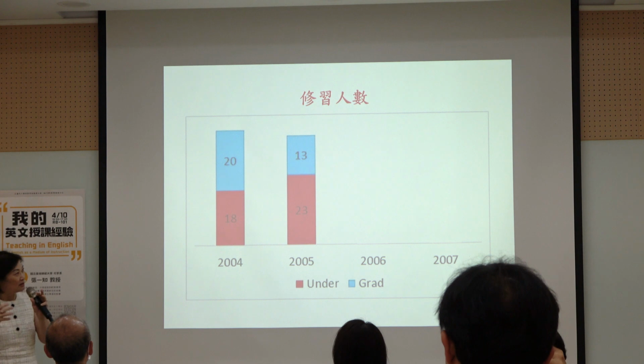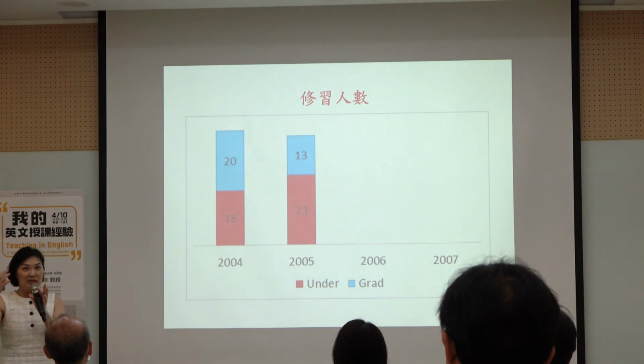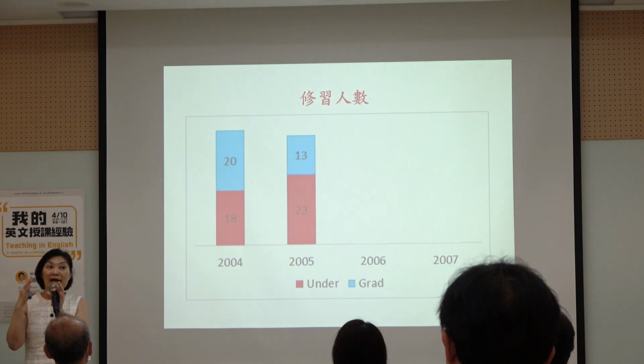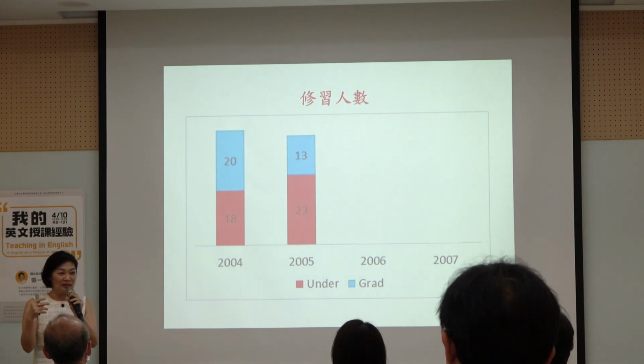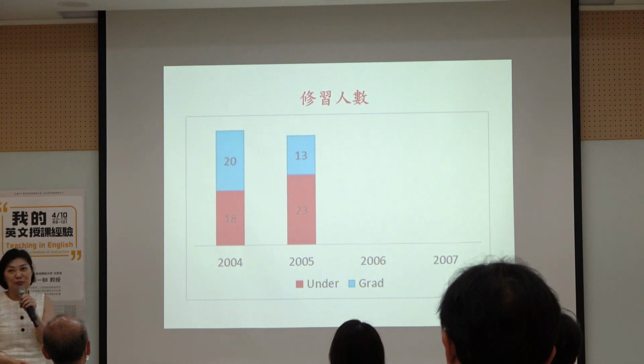We finished that, and because I had the students report, I asked them to report in English also. By my evaluation, I think the undergrads actually did a better job than the graduate students. So that's the first time I taught in English.